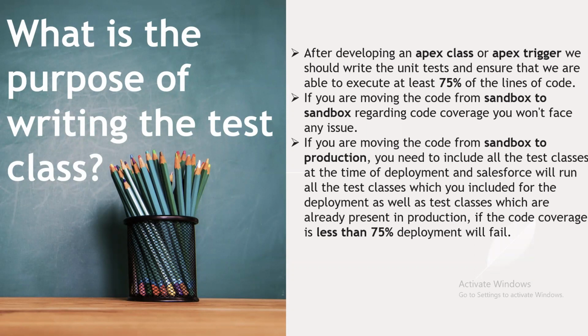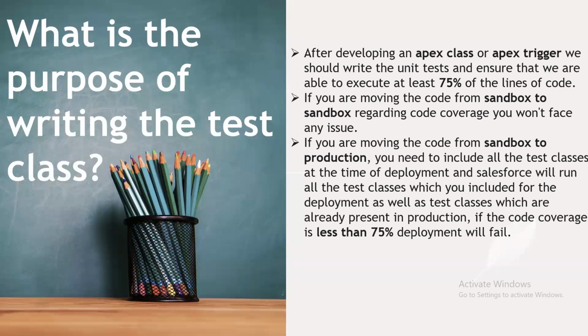If you are moving the code from sandbox to sandbox, regarding code coverage, it won't face any issue, right? If you are moving the code from sandbox to production, you need to include all test classes at the time of deployment, and Salesforce will run all the test classes which you include for the deployment, as well as the test classes which are already present in the production.